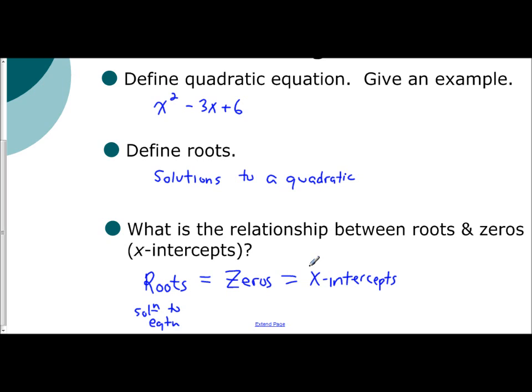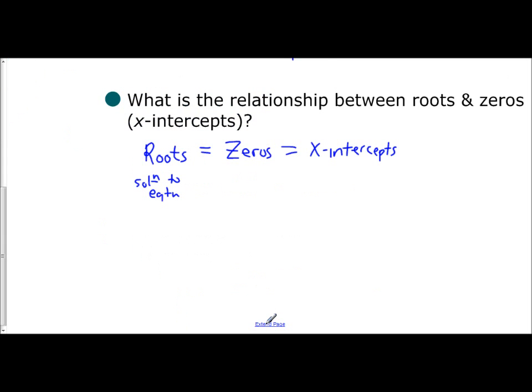When I ask for the roots, I want the solutions. When I ask for the zeros, what you're looking for is the place on the graph when the equation equals 0.